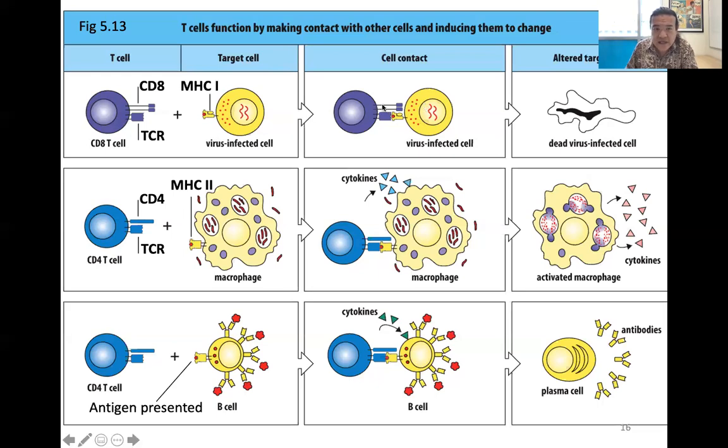So in this case, the CD8 co-receptor comes around and confirms, yes, indeed, this is MHC type 1 that's presenting it. So then the cytotoxic T cell will release its cytotoxic messages onto that cell, causing it to undergo apoptosis and die.